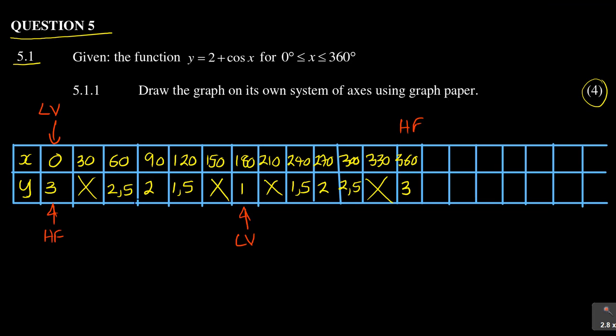Now I do not have any negative values, so I only have positive values of x and positive values of y. So which means I can have my graph from here like that, and these become my y-axis. It's very important to label your graph, otherwise they'll penalize your mark.